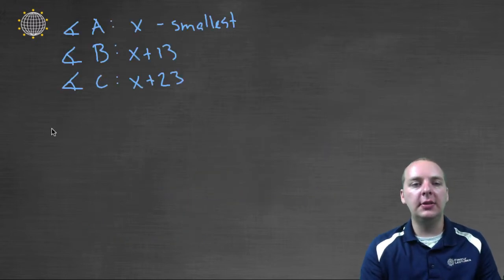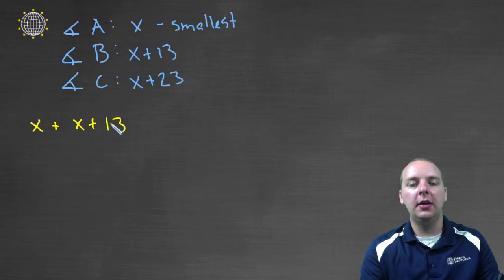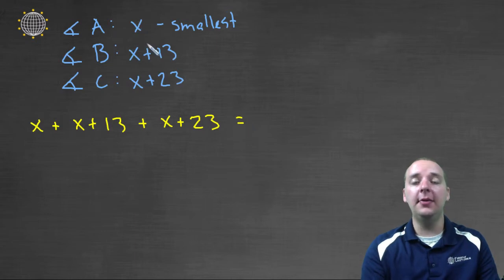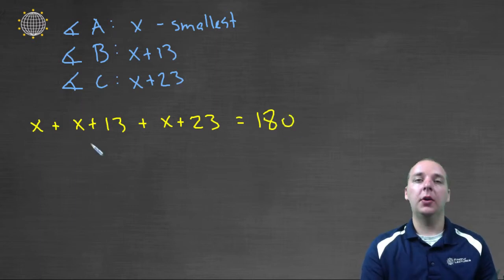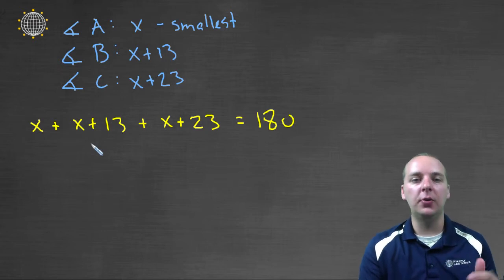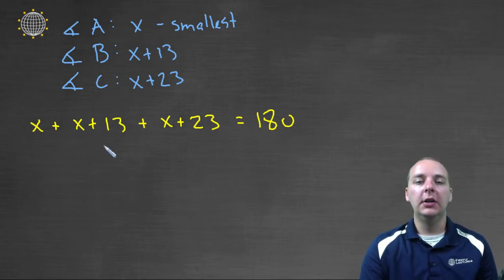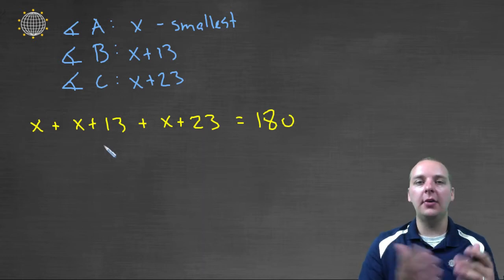So what I know is that x plus the middle angle, x plus 13, plus the largest angle, x plus 23, the sum of those three would be 180, right? Because the sum of the three angles in any triangle is 180 degrees. So we've taken the word problem and written it as an equation, and it's downhill from here.